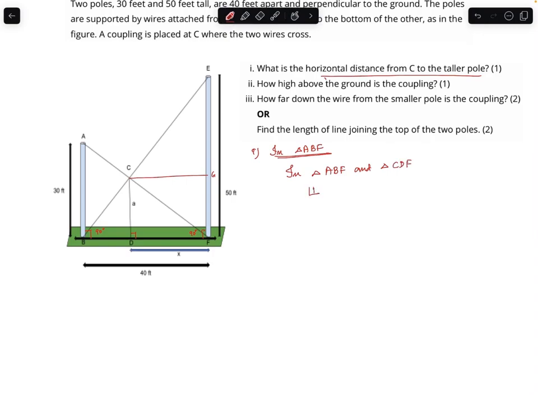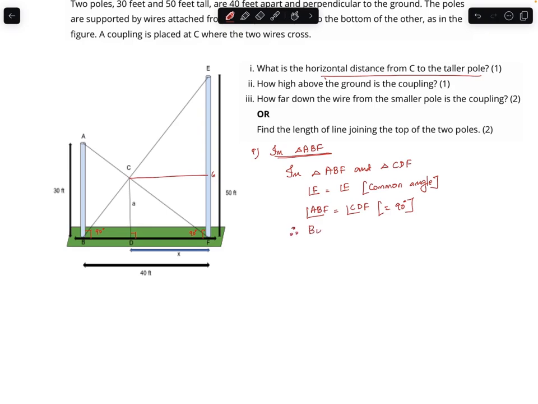Angle F is equal to angle F since it's a common angle. Angle at D and the angle at B both are equal to 90 degrees. Angle ABF is equal to angle CDF. Both are equal to 90 degrees.